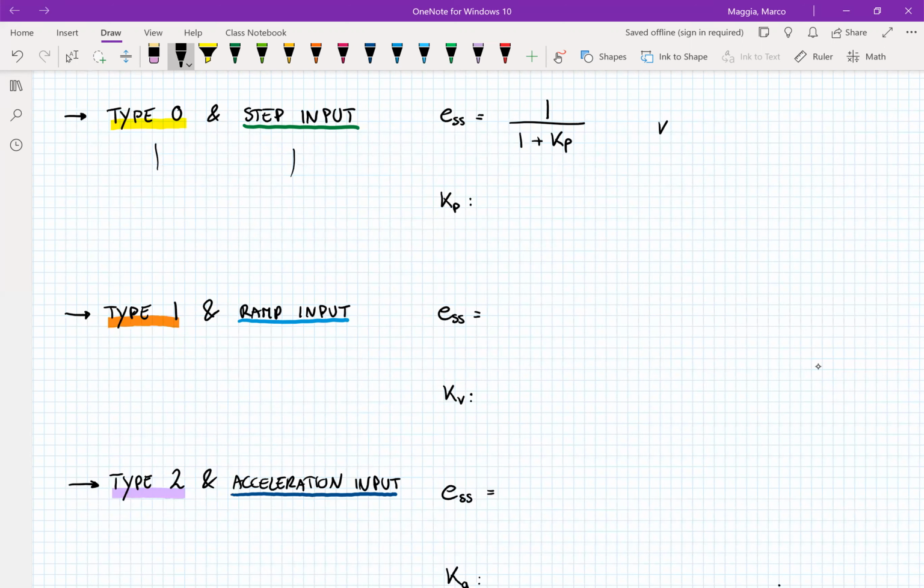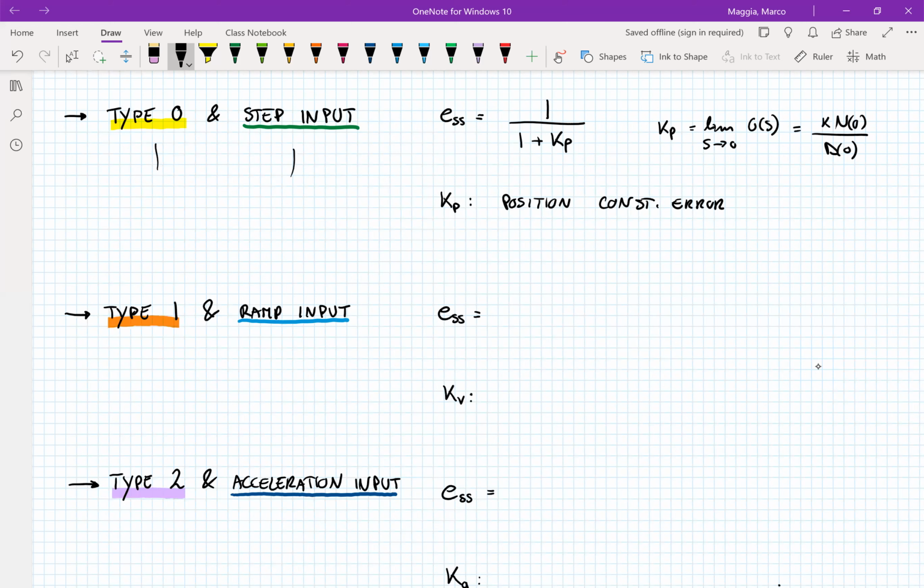In this case, Kp is the limit for s that goes to 0 of g of s, that is k times n over d evaluated at 0. And Kp is known as the position constant error.